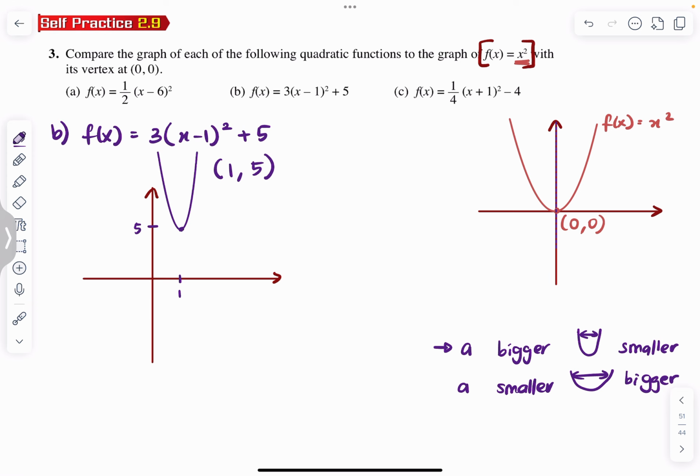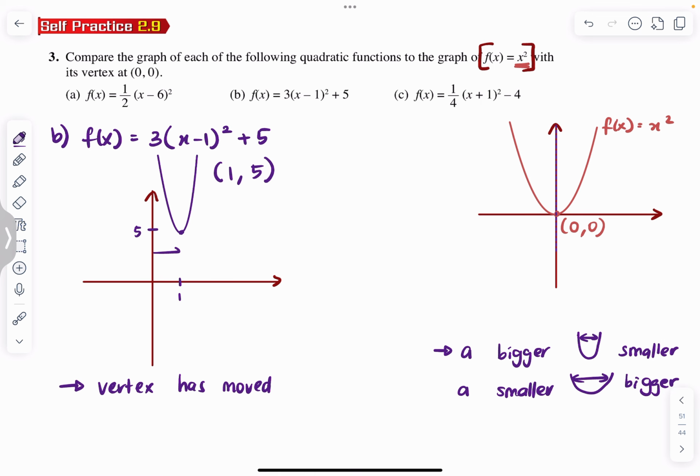Okay, so what can we write? We can say the vertex has moved 1 unit to the right and 5 units upwards.